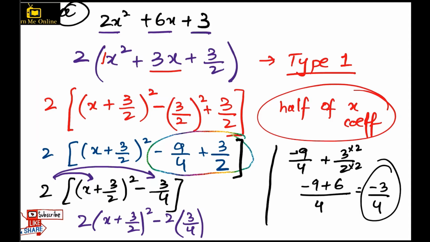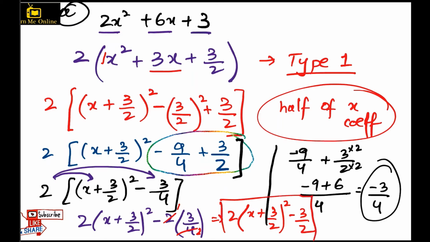Because we have 2 times 3 over 4, we can simplify: this would be 1, this would be 2, because 2 over 4 is a half. We write down the last step: 2 times x plus 3 over 2 squared, minus 3 over 2. So this is the factorization of 2x squared plus 6x plus 3.